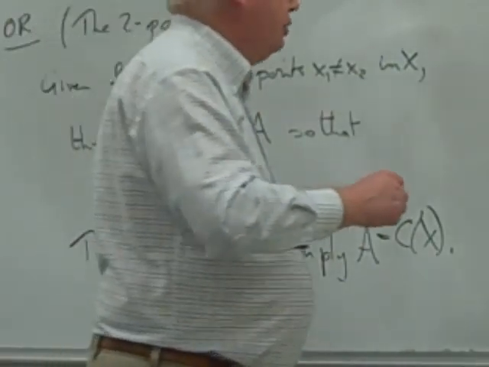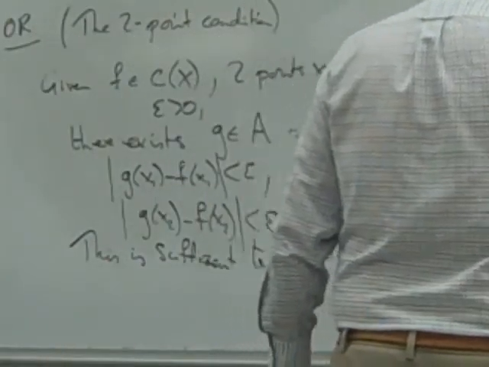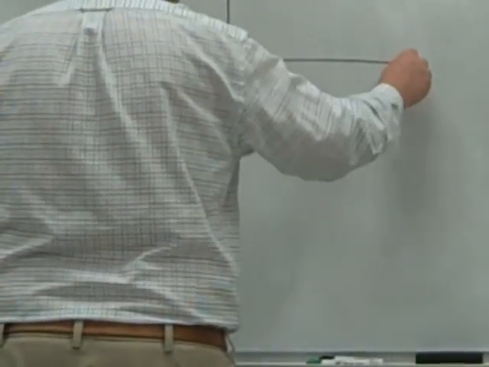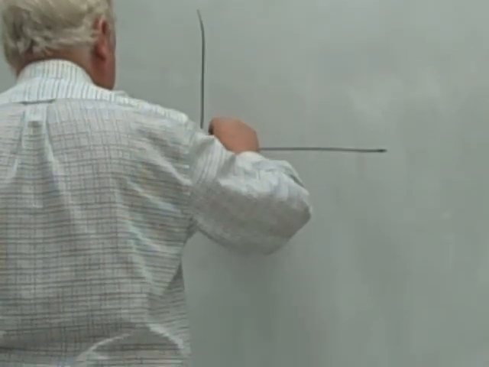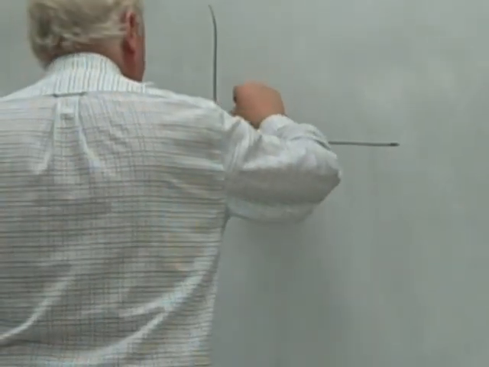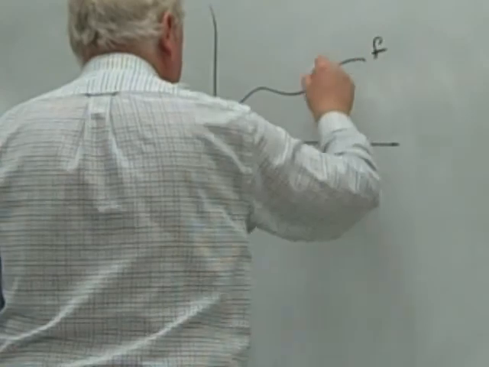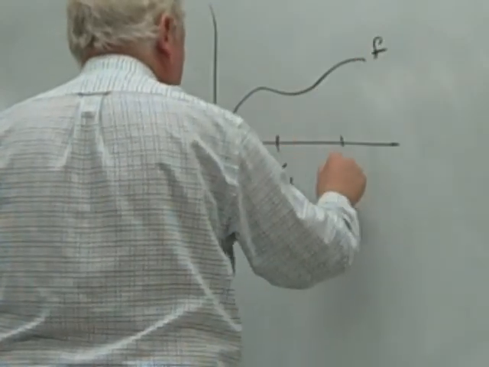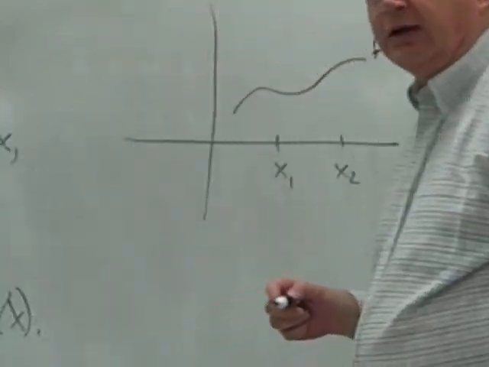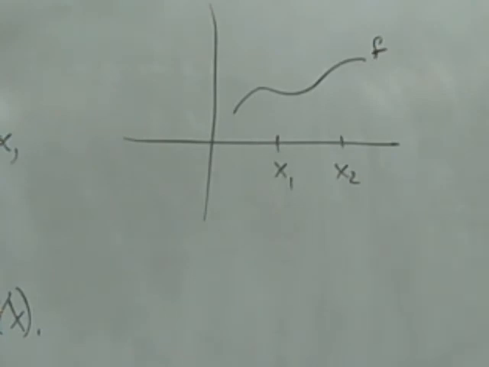So the picture that goes along with this: so here's f. Here are 2 points, x1 and x2. And then we just have to be able to find a g in the algebra that closely approximates the function just at those 2 points.